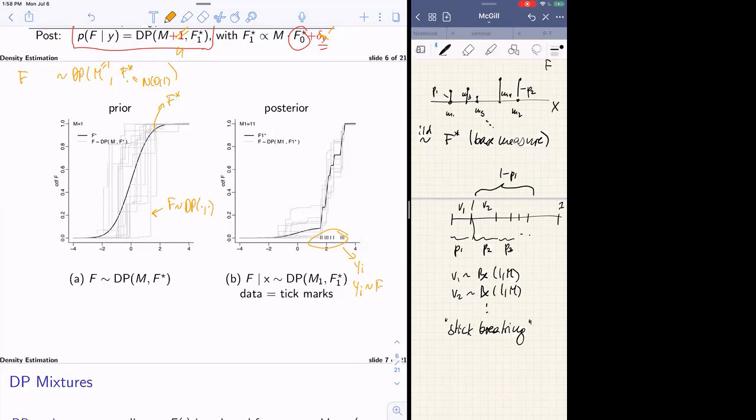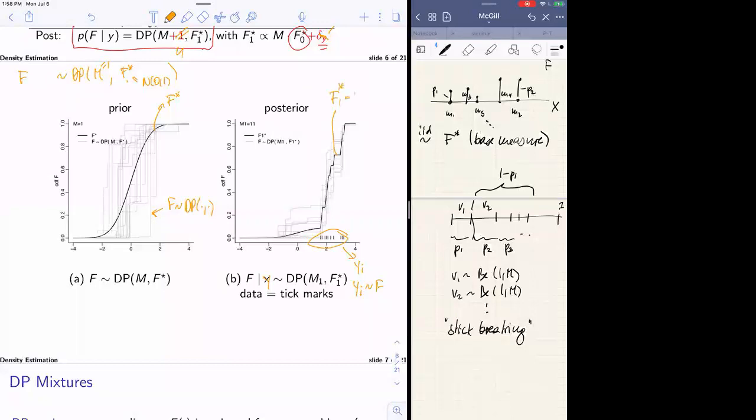So we have a density estimation problem. And then what we want to report is the posterior distribution on f conditional on the data. The posterior distribution on f conditional on the data is again a Dirichlet process. Where it's now updated. See this, the bold line here, that's the F1 star.